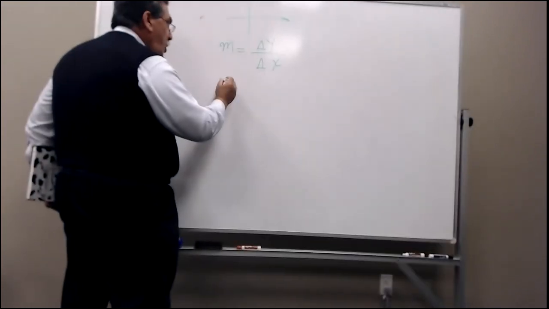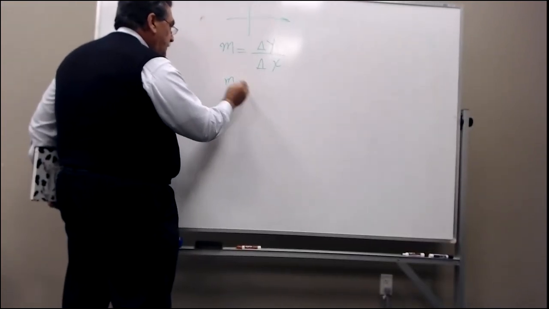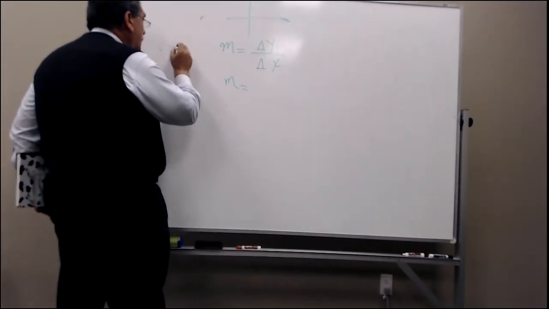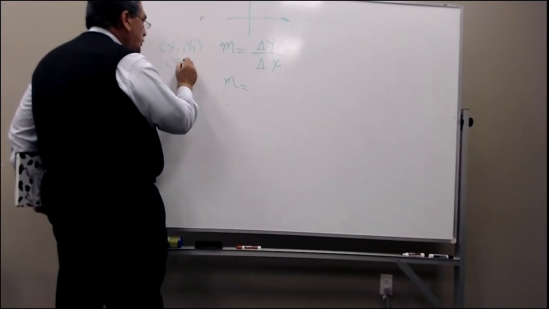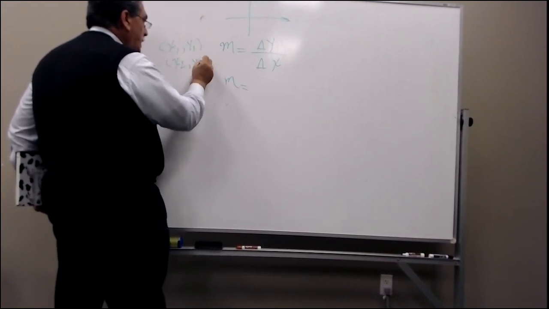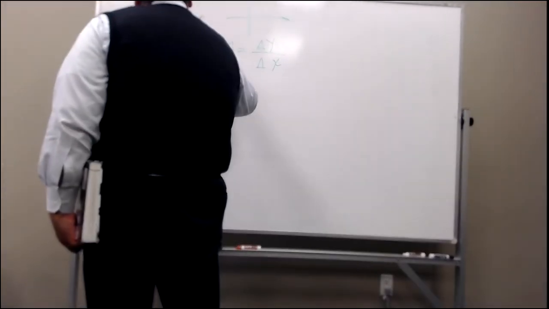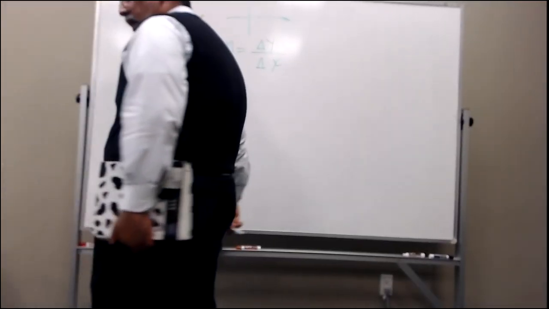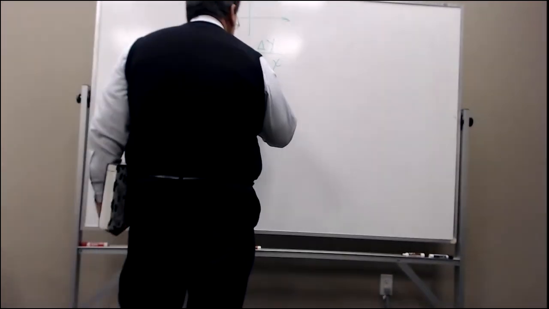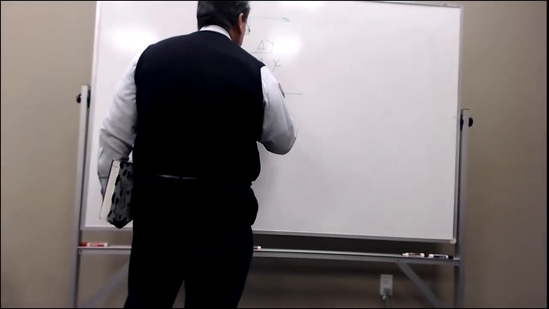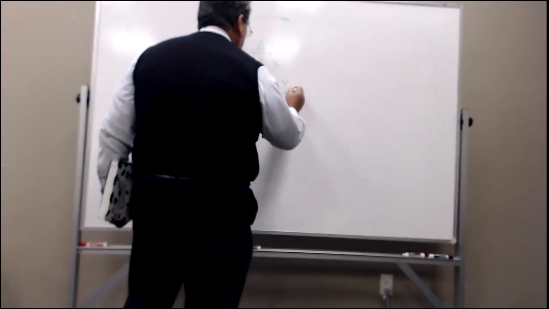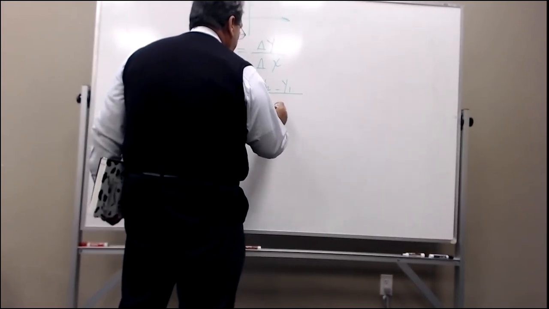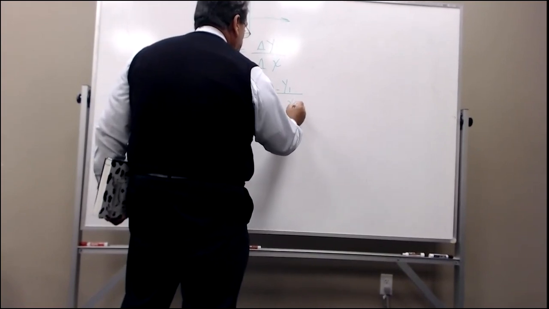If I have 2 points, let's say x1 and y1, and x2 and y2, these are 2 different points, true? So the value of y2 is different than y1. So the slope would be the change in y, y2 minus y1, over the change in x, x2 minus x1.